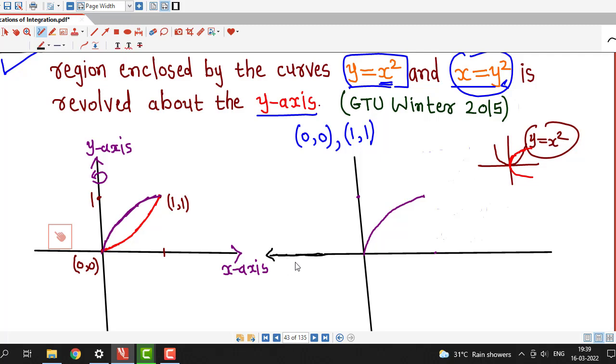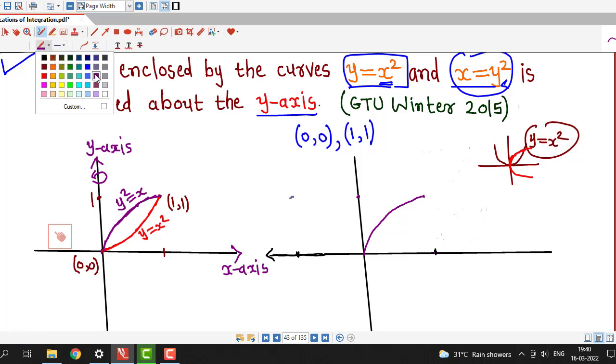I have to go up to this much distance which I have taken here. So if we consider the mirror image of this parabola, y square equal to x, with respect to the y-axis, we have this type of shape.